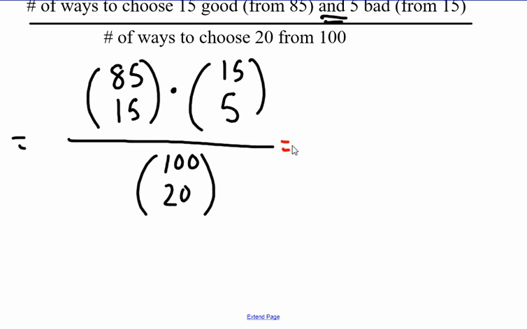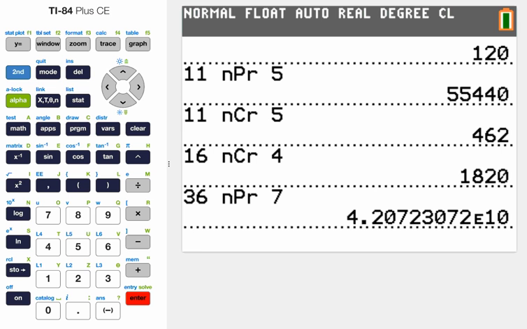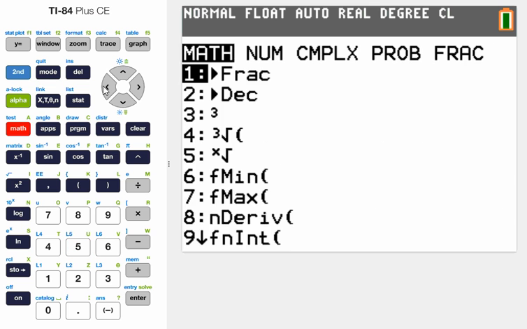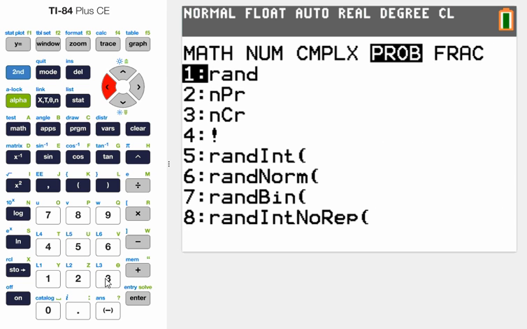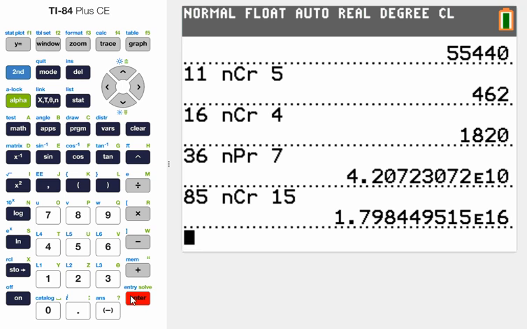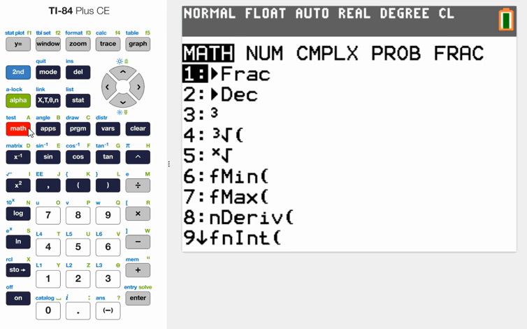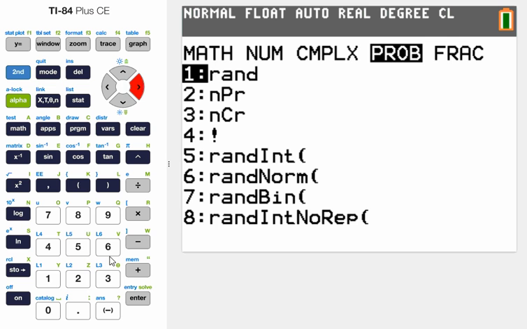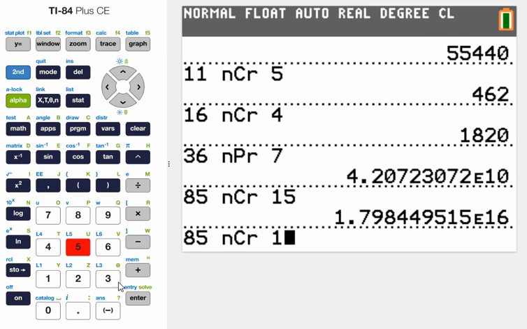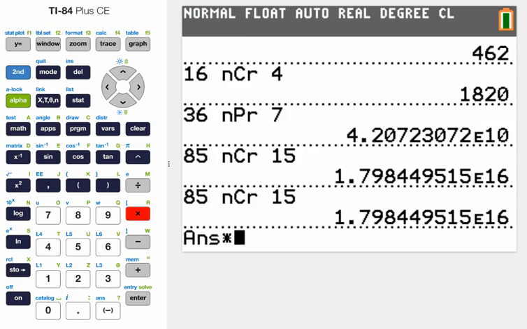So now I grab a calculator. I need to calculate. I'll do the first one on screen, and the rest I'll do off screen just to be a little bit more efficient. But the first one's 85 choose 15. The number's large. So 85 math, choose 15. Times that by, the top part was 15 choose 5. So I'm going to put parentheses.